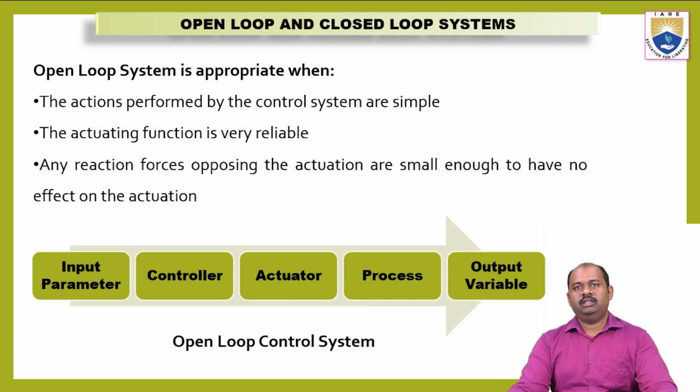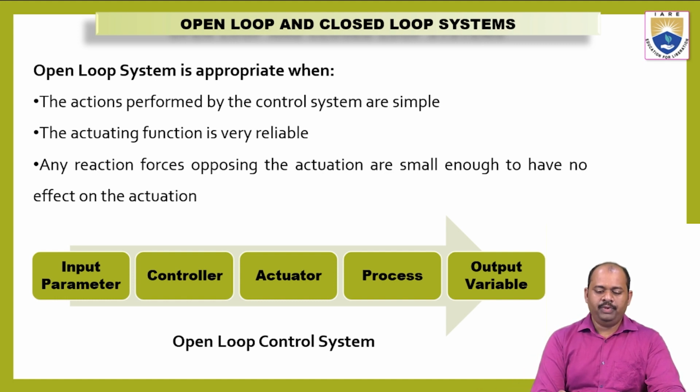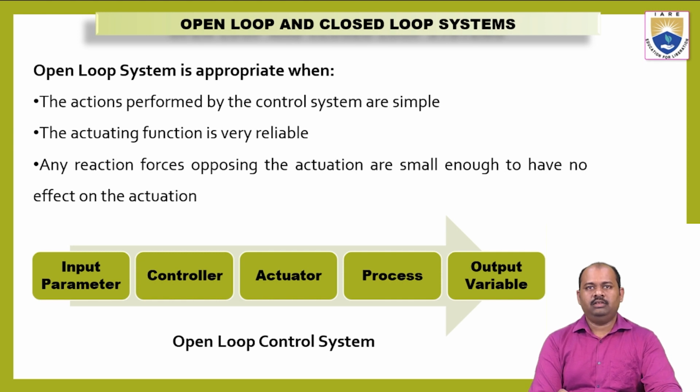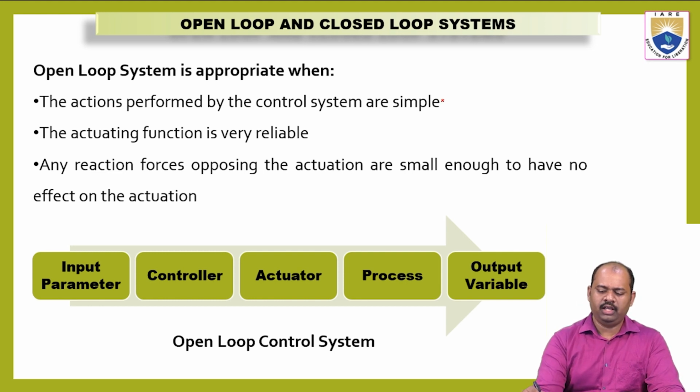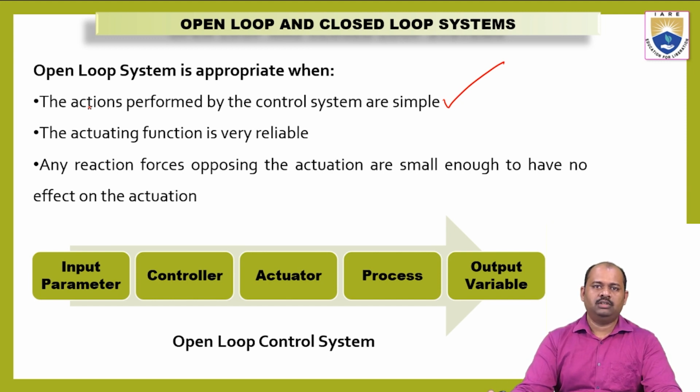Now let us study some basic properties of an open loop system. An open loop system is appropriate when the actions performed by the control system are simple. So when do we prefer an open loop system? When the actions performed by the control system are simple. Then only we can prefer an open loop system, because an open loop system does not care about the output-input correlation.